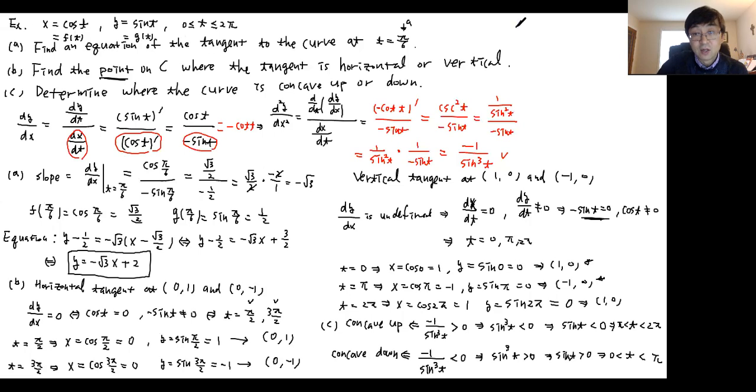Square both sides and add these two equations. x squared plus y squared equals cosine squared plus sine squared, which is 1. So we have the unit circle. The graph is like this.